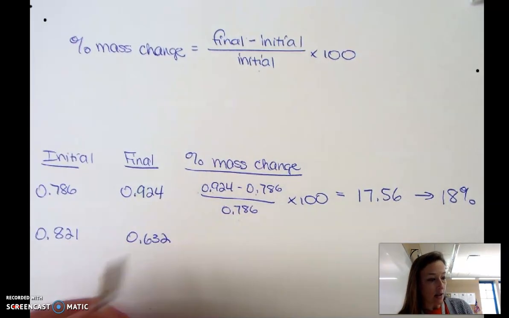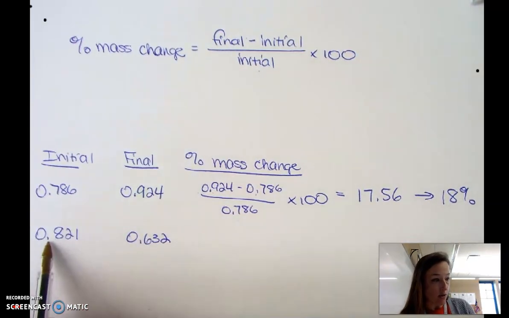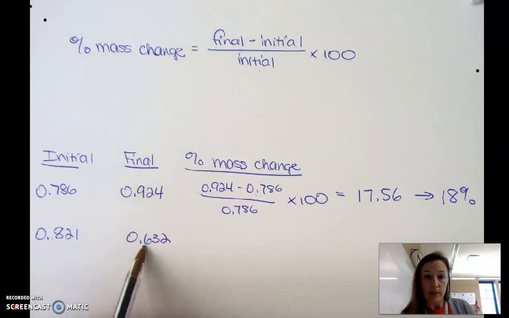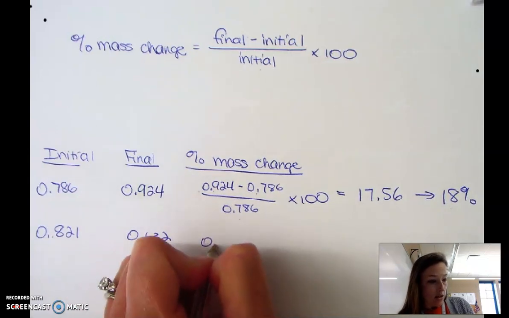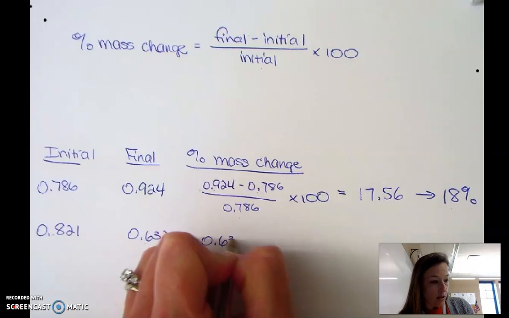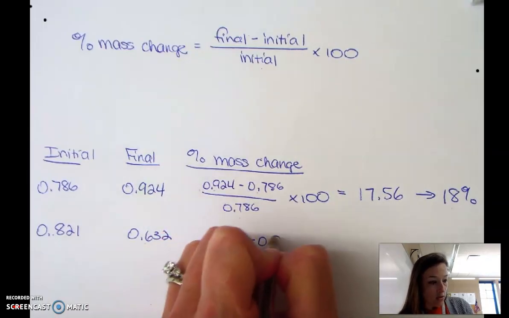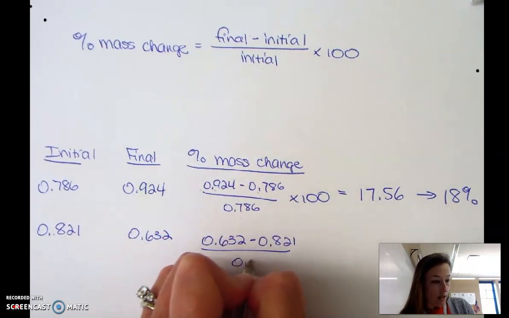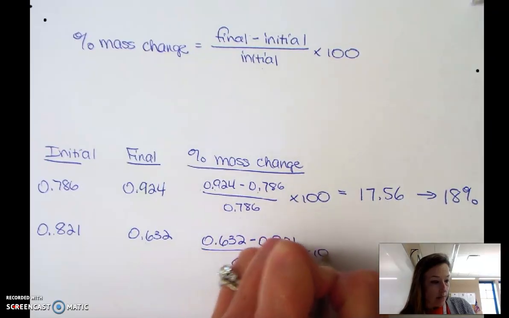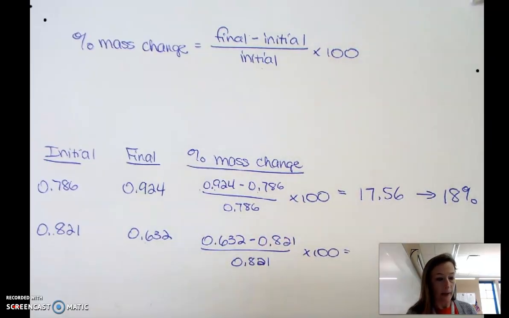All right, so let's look at another one where it's going to have lost weight. So we started with a 0.8 and we've lost mass. We're down to 0.6. So we start with the final, 0.632, minus the initial over the initial times 100. Okay, and so we do 0.632 minus 0.821.